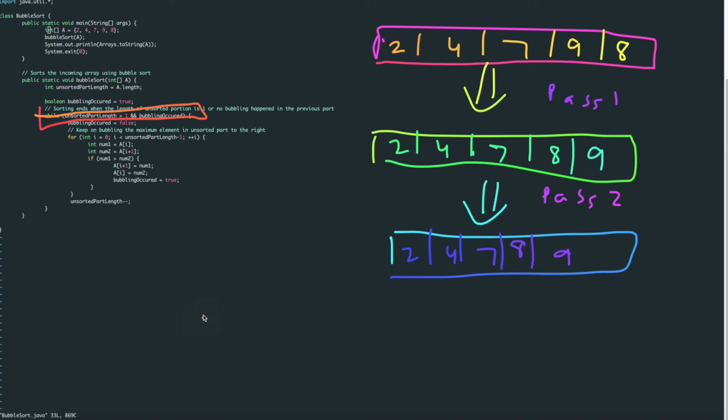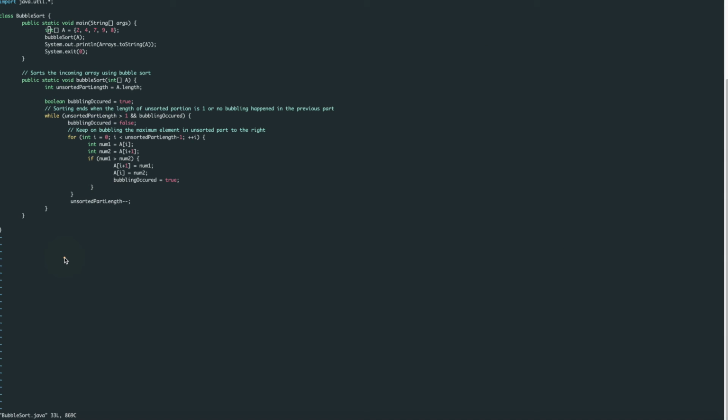Now let us calculate the time and space complexity of this implementation. In the worst case scenario, the array would be sorted but in decreasing order.